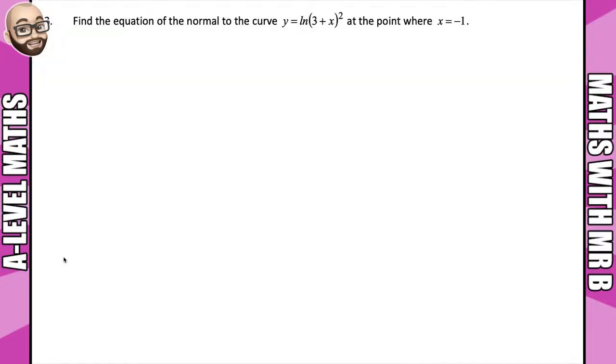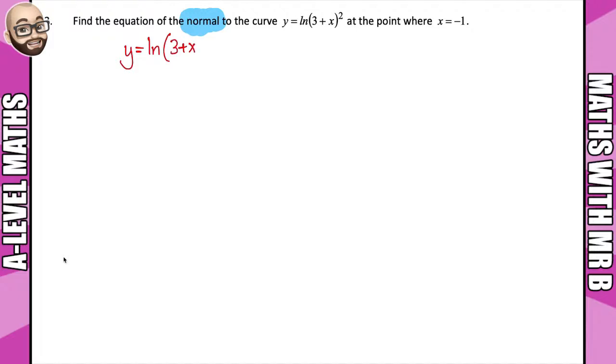Right, so can we now try and apply that idea to some straightforward questions? This one says, find the equation of the normal, let me just highlight that word, to the curve y equals ln of x, 3 plus x squared at the point where x equals minus 1. Okay, so let's have a think how we could do this. Let's start off by maybe even writing it as y equals ln of, well, I was going to multiply it out, but I might just keep it as it is.